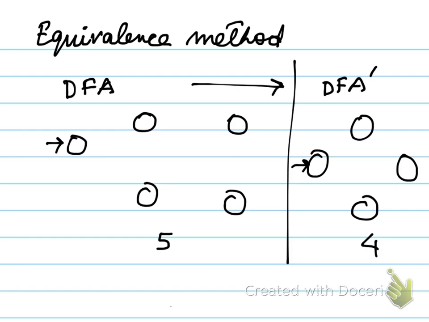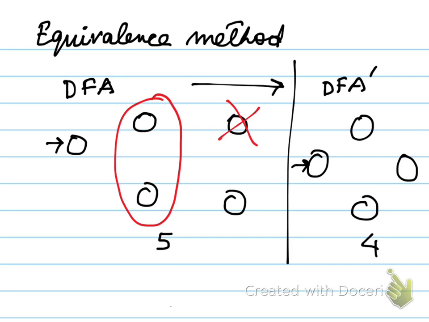To do that, there are two things that we can do. One is we can eliminate some states, or we can combine some states. That is the way in which we can reduce the number of states, either by elimination or by combining.